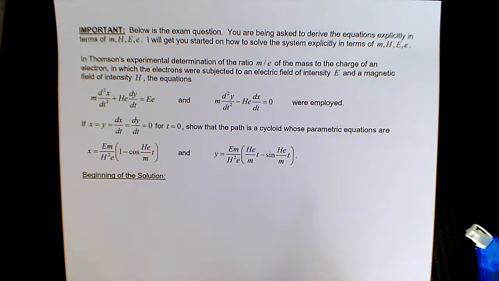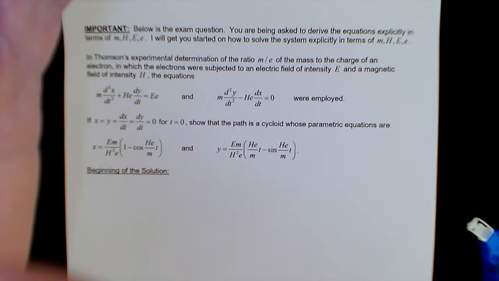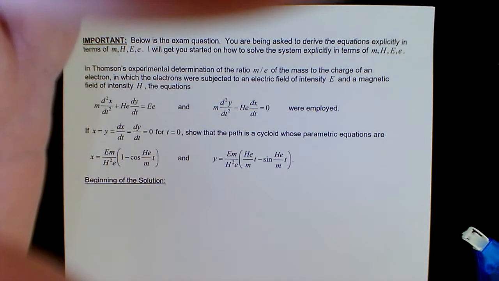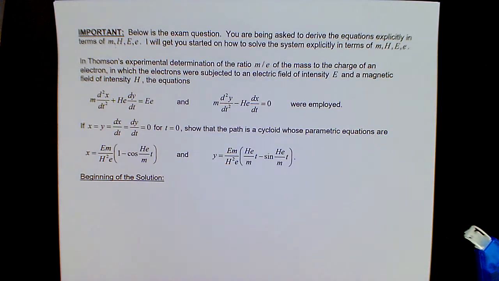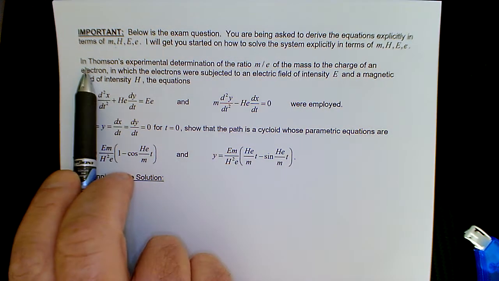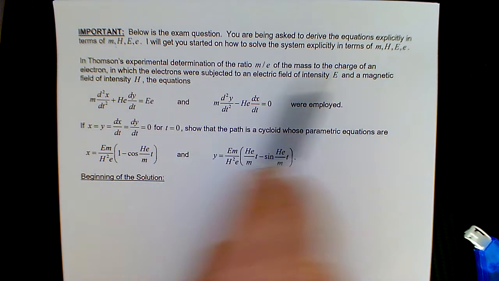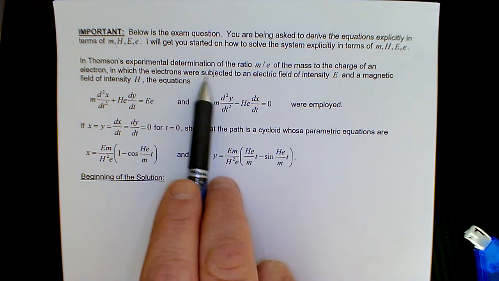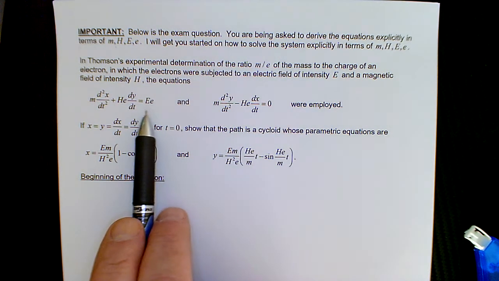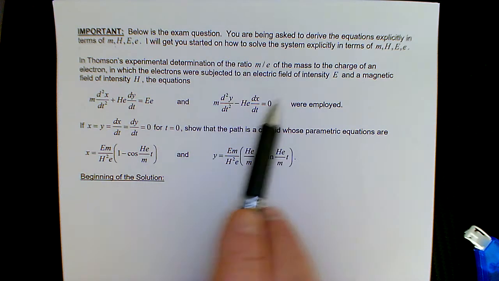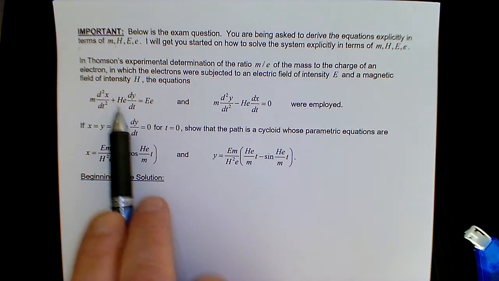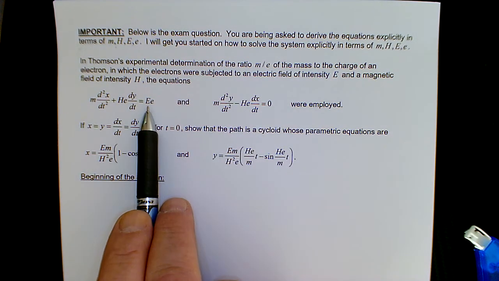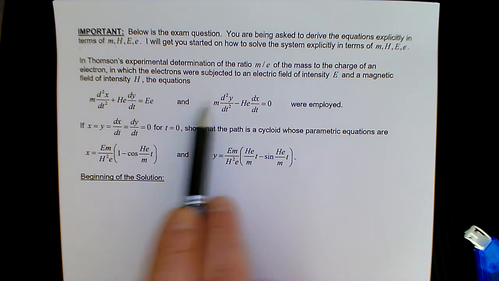So if you look at your, I'm going to post the exam shortly, and if it's not already there by the time you reach this video, this is the first question on the exam with 25 points. And I want you to do this in terms of the constants. So M, H, E, and e are all constants.